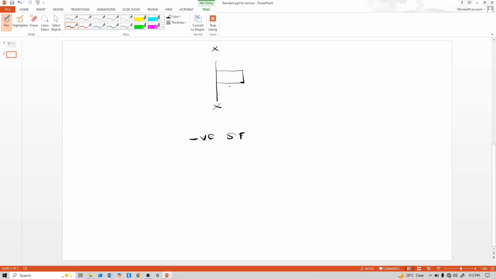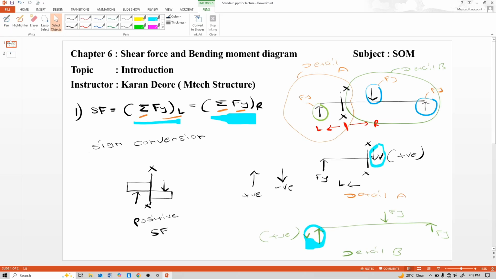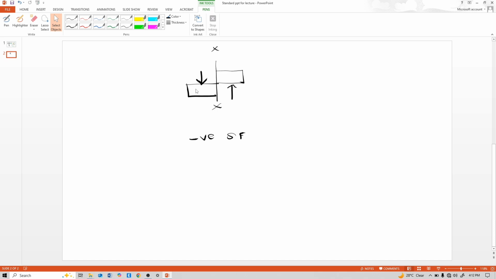This is upward, and this is downward. So for that beam, if you take this V as upward, then this is negative sign convention, and this V as downward, then this is negative sign convention.